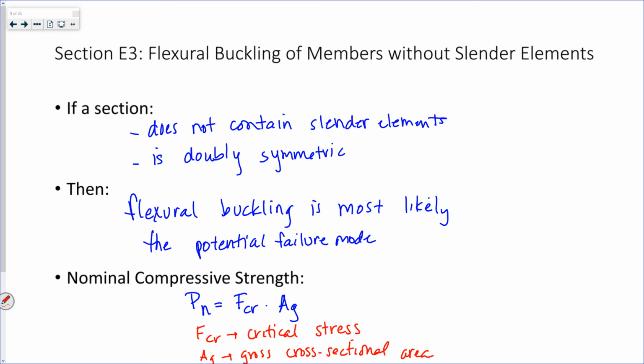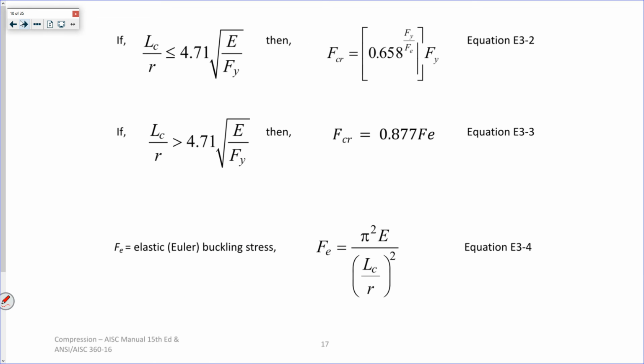So the rest of the section tells us how to calculate that critical stress, and it is based off of your slenderness ratio.